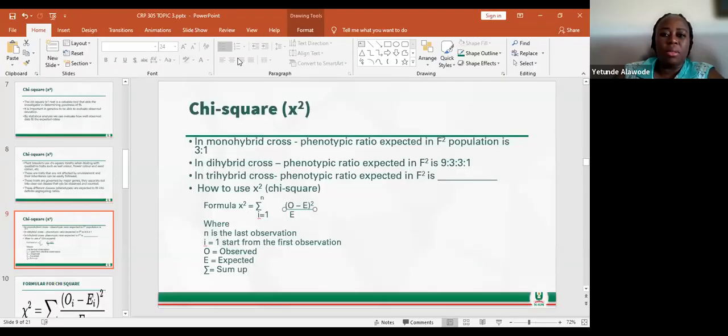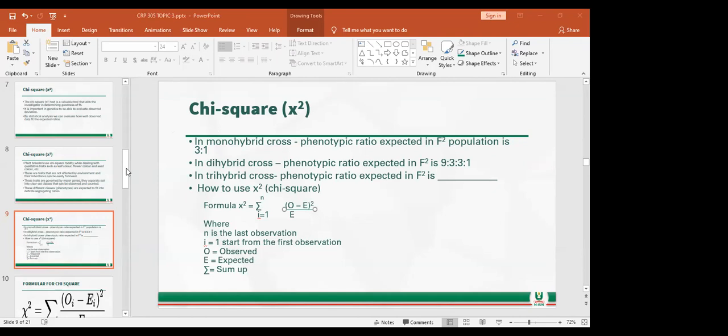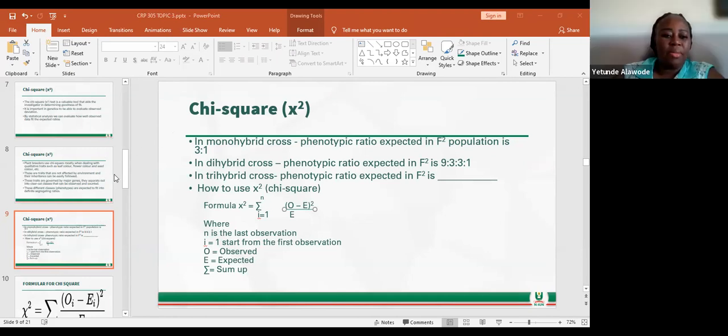You can see my screen. Somebody said I should show the slides of the assignment again. Okay, I will send it to the group. I already screenshotted it. Oh, that's perfect.